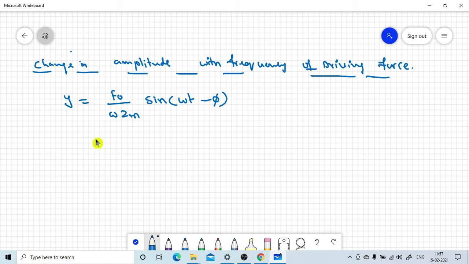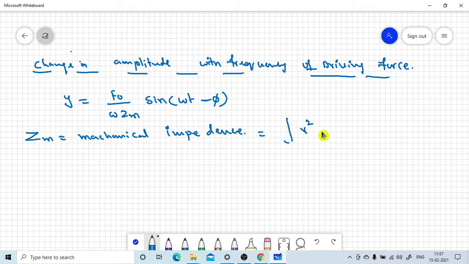In this equation, Zm is named the mechanical impedance. The value of Zm is equal to, you are already familiar from the previous videos, the square root of r square plus omega m minus s by omega, whole square.